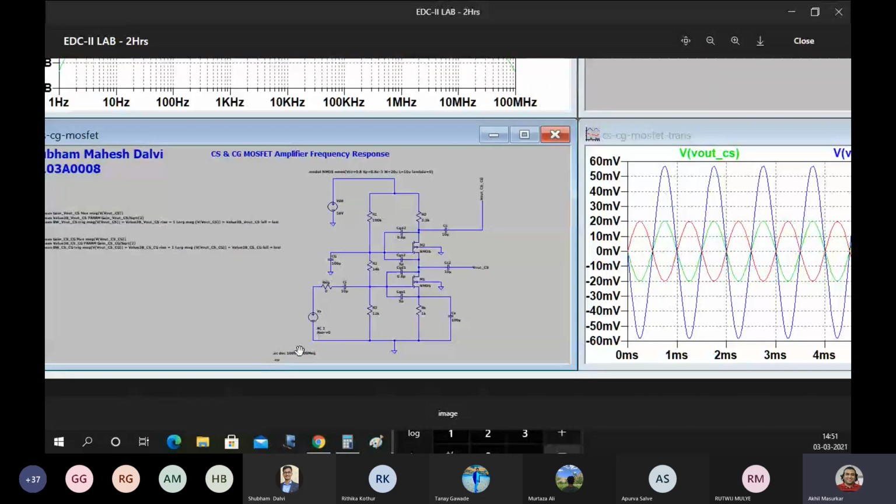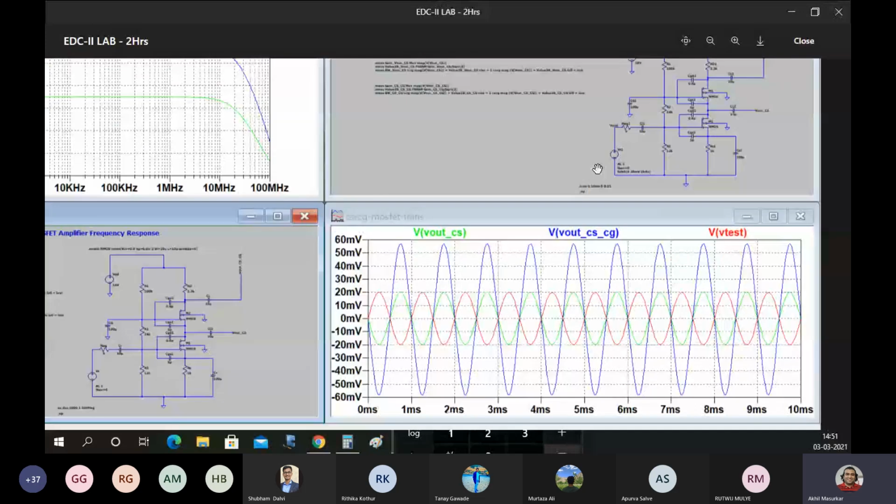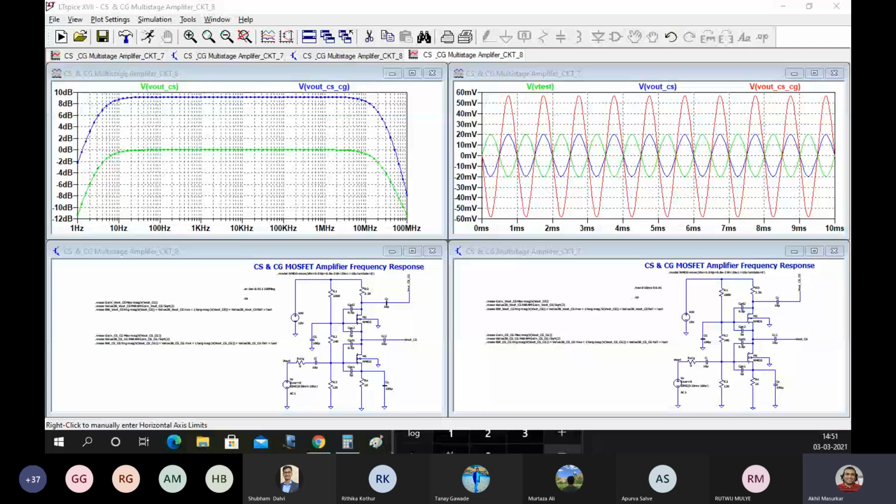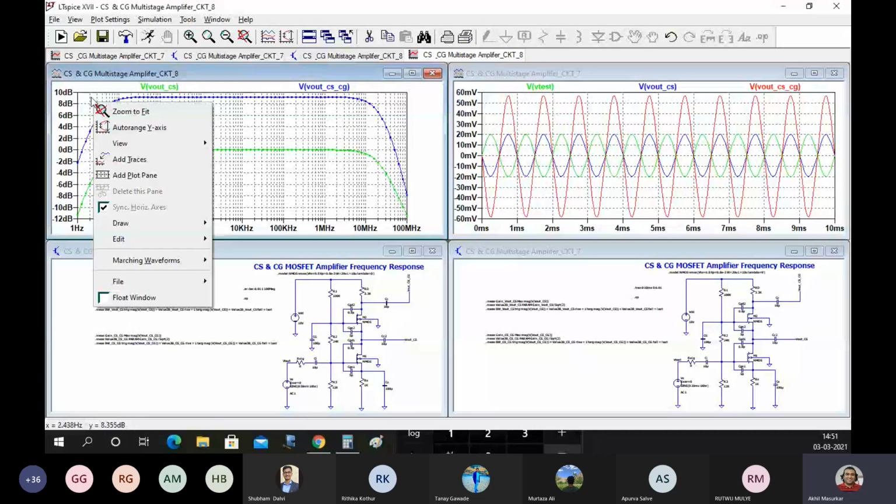Okay. Now let's look at something more. When I want to do simulation, I just want more and more. So this is circuit 8, this is also circuit 8. Now I'll just say add plot plane, and in this I will add trace.